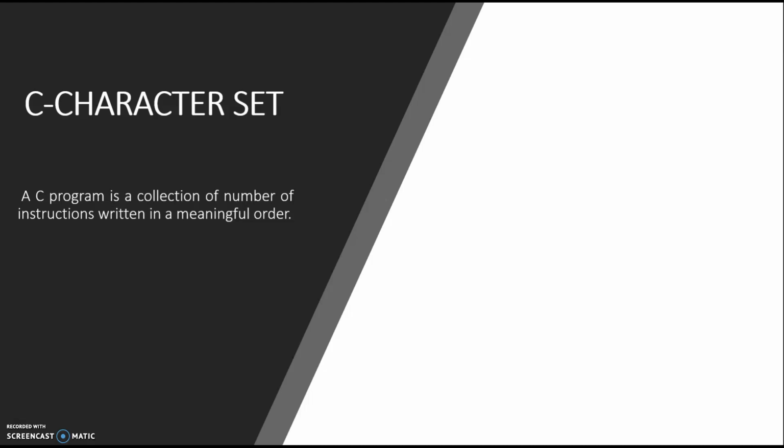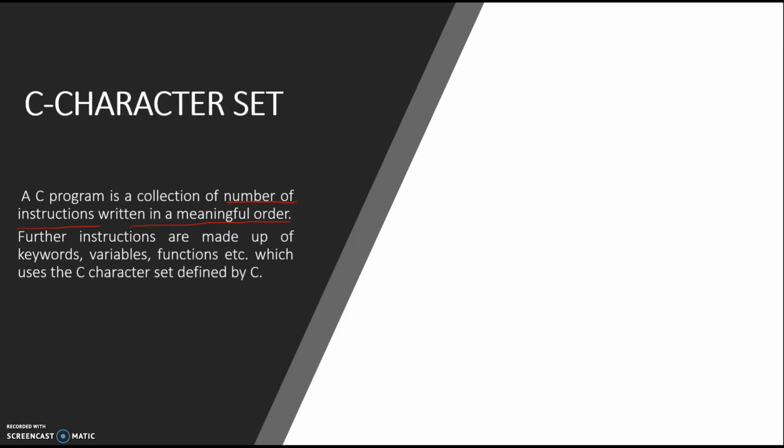A C program is a collection of a number of instructions written in meaningful order. Meaningful order means that if you are writing an instruction, you need to follow the syntax. We will discuss syntax for variables and constants in the coming slides.